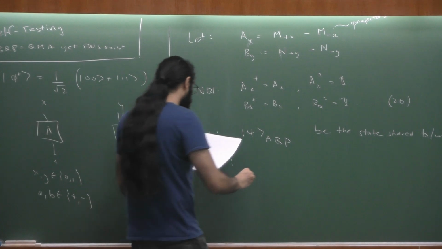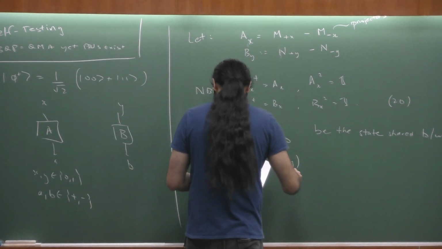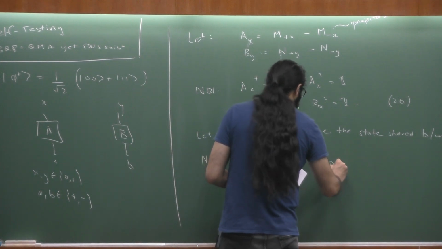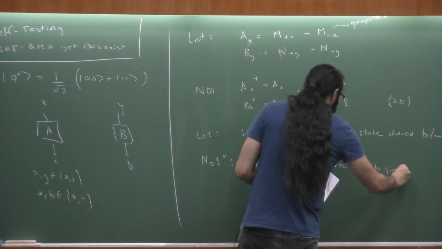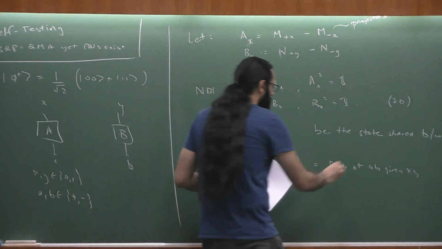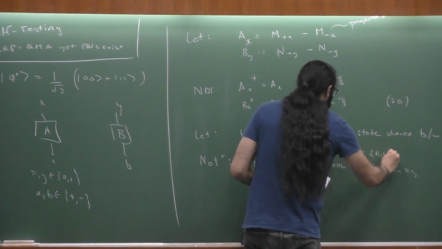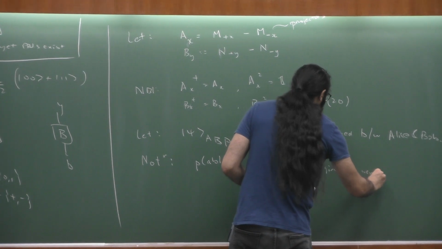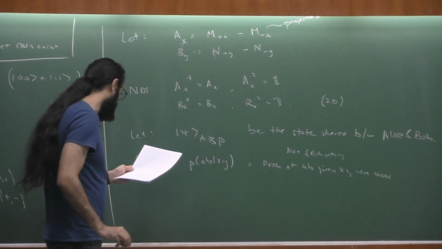Then the notation is that p(ab|xy) is going to denote, as usual, the probability of Alice and Bob getting a, b given that x, y were asked. So far there's nothing new.